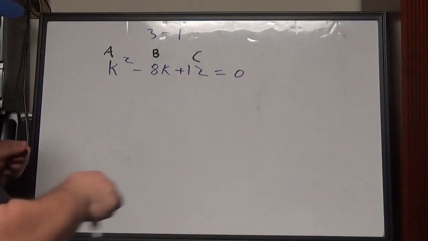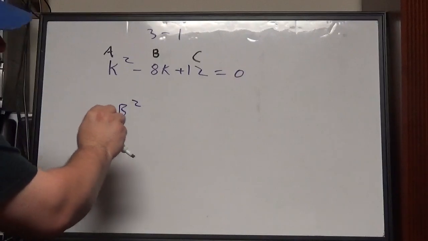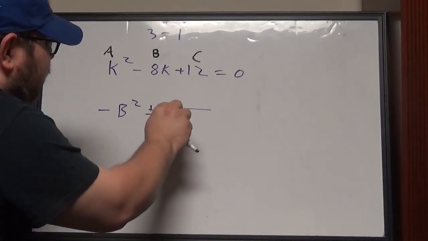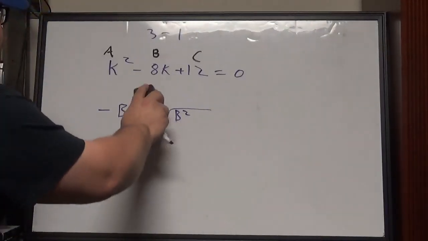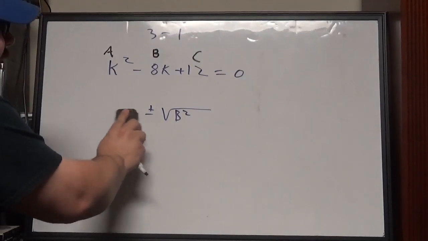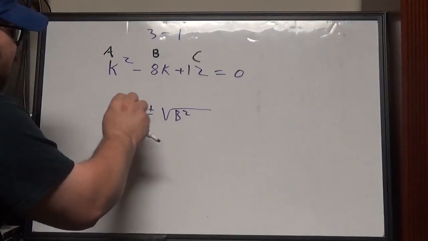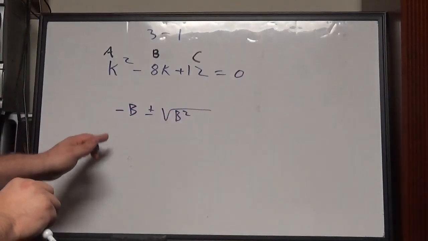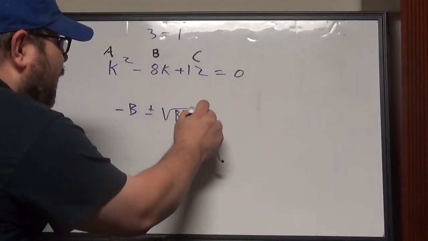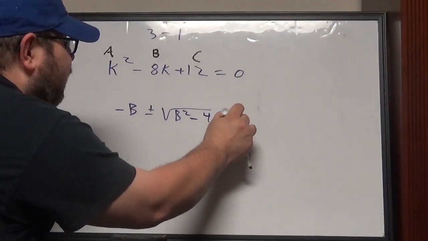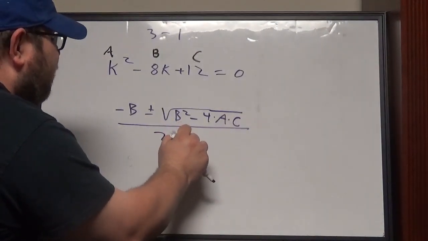So, quadratic formula: negative b, not squared, just negative b, plus or minus the square root of b squared minus 4 times a times c, divided by 2 times a.